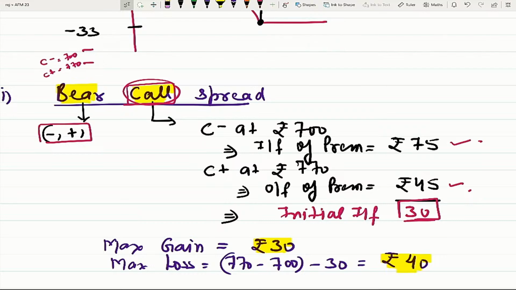Chart, make the downside looking chart first. It's a case of initial inflow or outflow? Inflow.